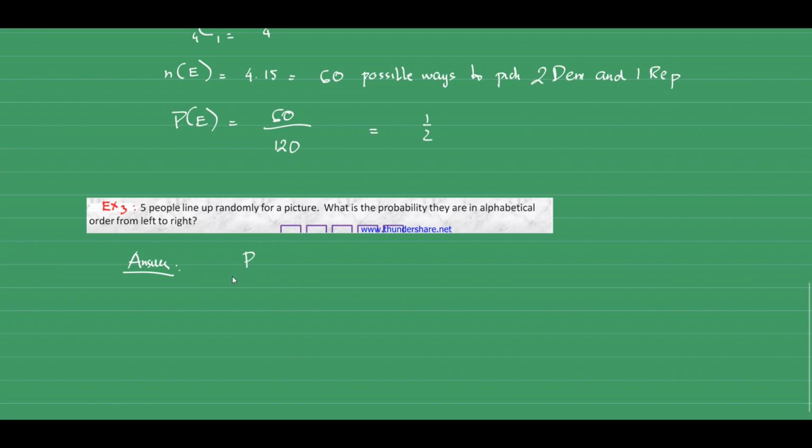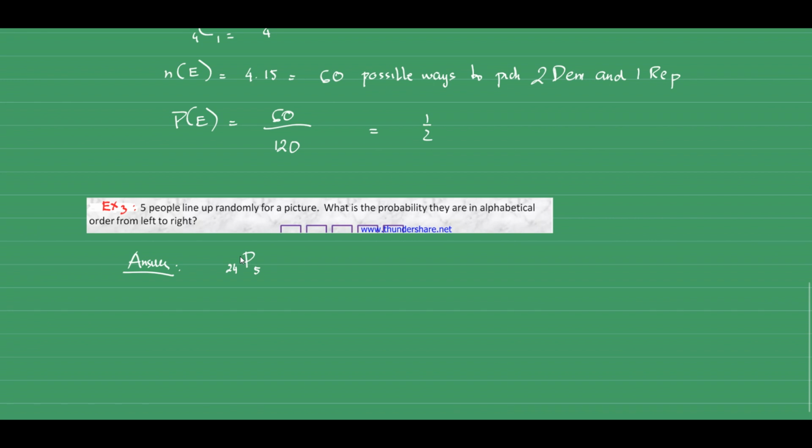Permutation here is for 5 people lining up randomly, so 5 factorial.